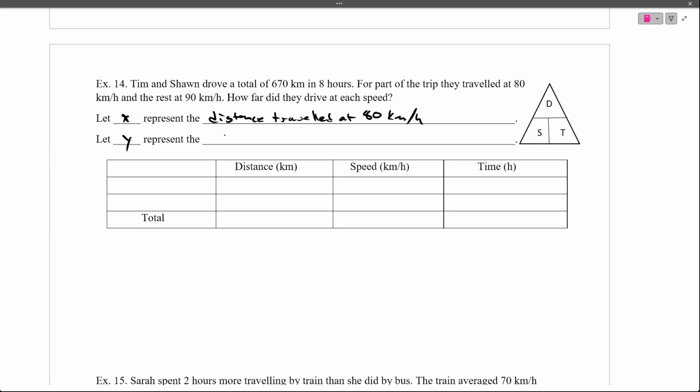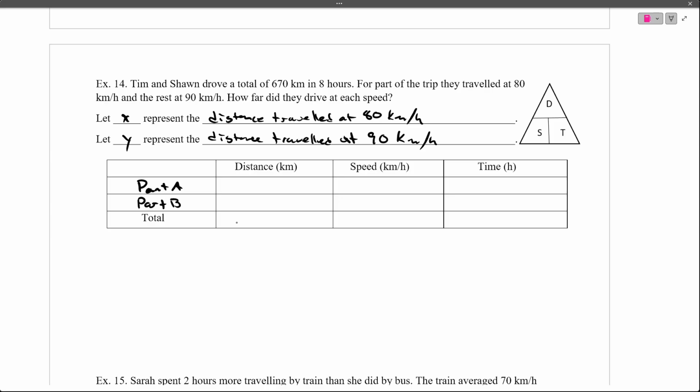And let y be the distance traveled at 90 kilometers per hour. That almost looks like an A. So let's think about the first part of the trip. So let's call this part A. And the second part of the trip, let's call this part B.